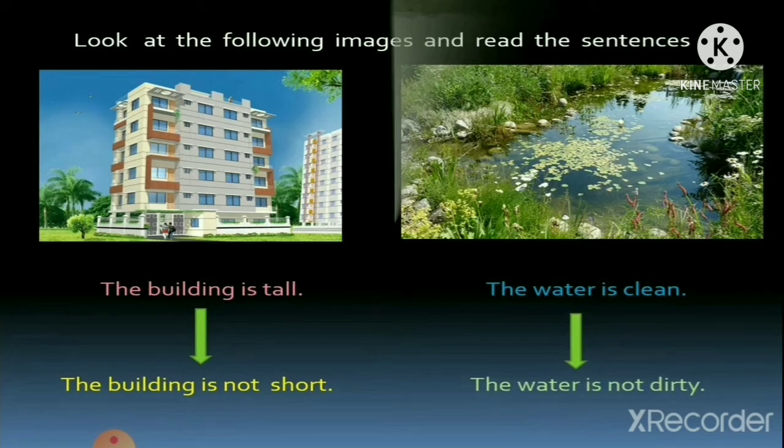In the same way, in the second picture we see the water is clean. This is an affirmative sentence. But the negative is the water is not dirty. Here also we see the structure is different but the meaning is the same.